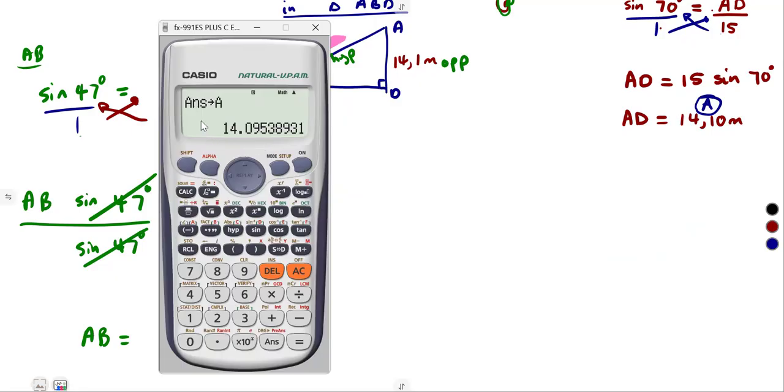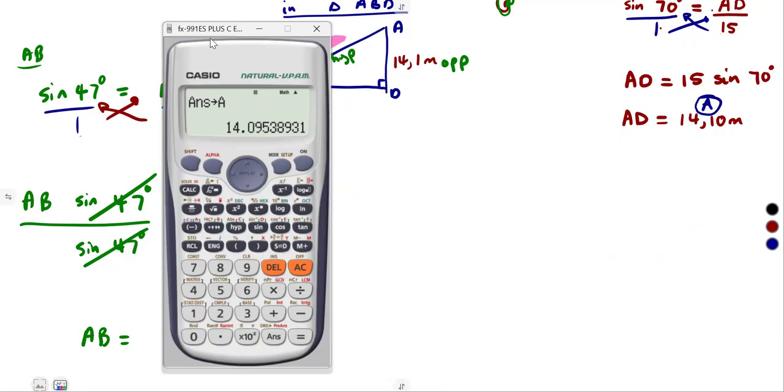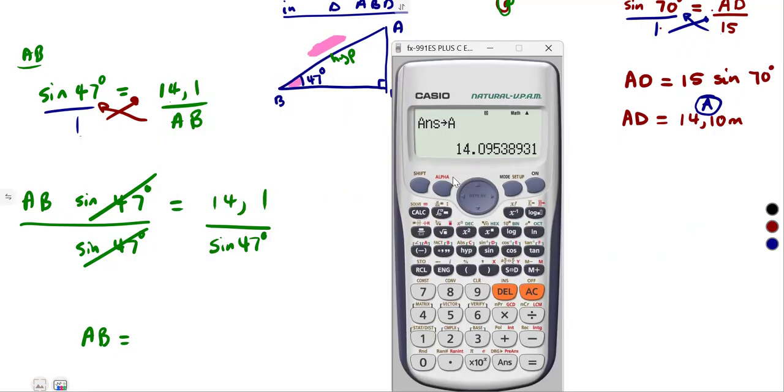Even if we did not store this value, we can see that it is exactly the answer that we have. So you can simply say the answer that we have there, divided by sine 47. You can have your answer.